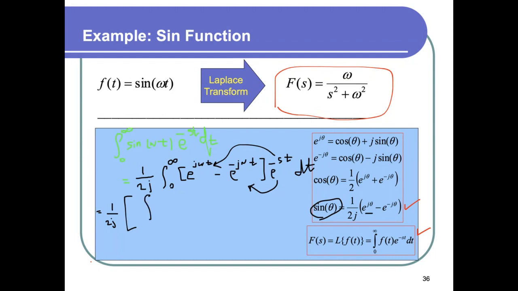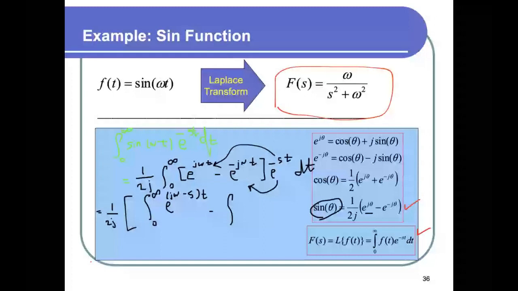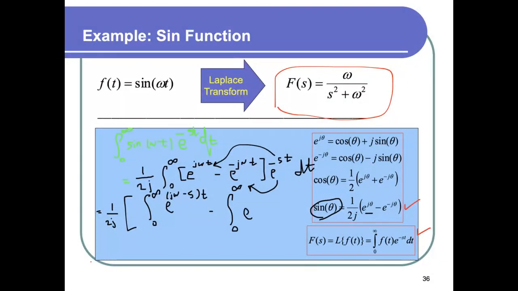We have 0 to infinity e to the power j omega, sorry, the entire thing is multiplied by t, minus another integral 0 to infinity e to the power, we have minus j omega plus s, the entire thing is multiplied by t.